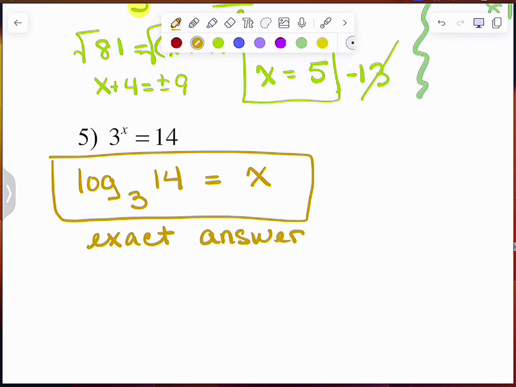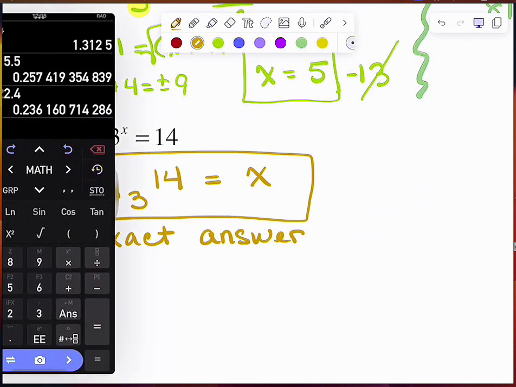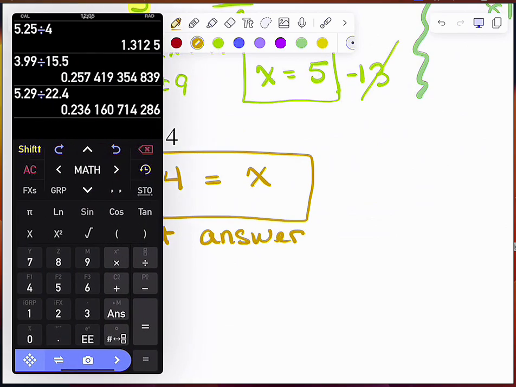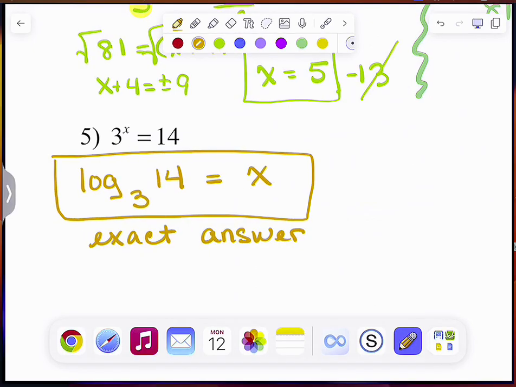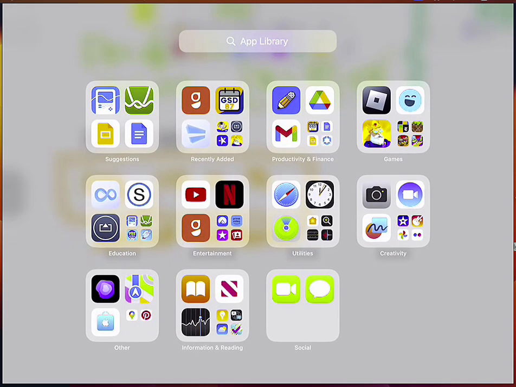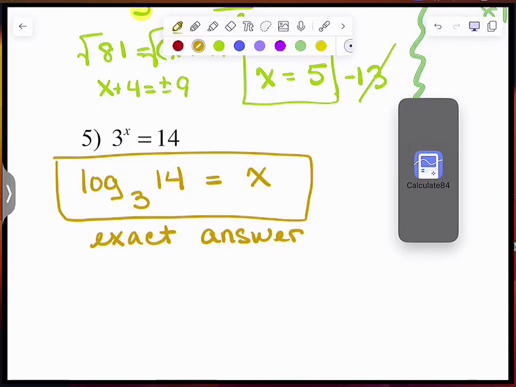On a no calculator test, you could leave this. If the directions say give an exact answer, you leave it. If it says round to 3 decimal places, that's the wrong calculator. Then you're going to type it into your calculator. So grab your TI calculator.